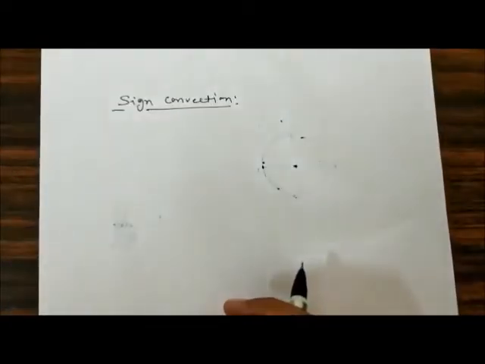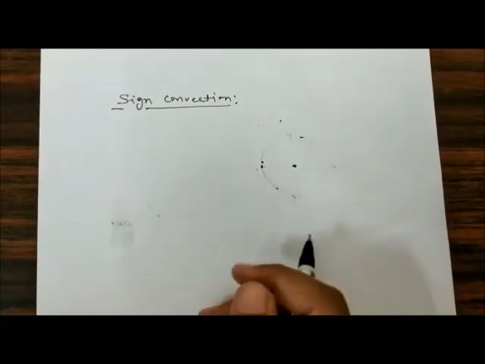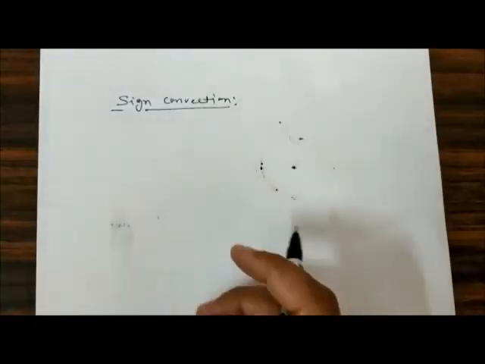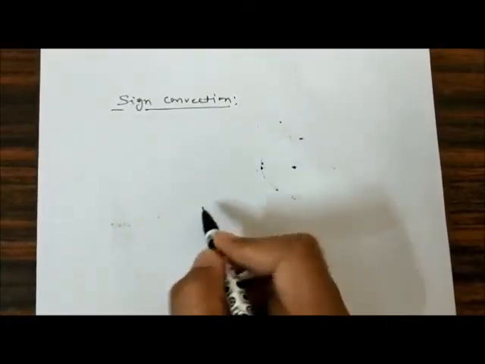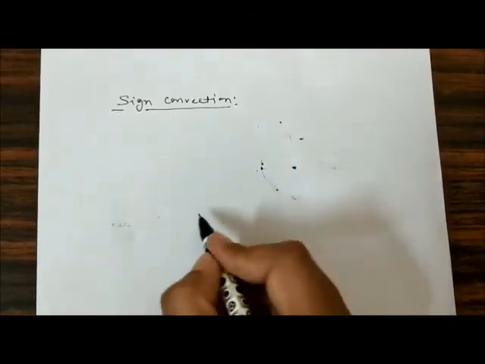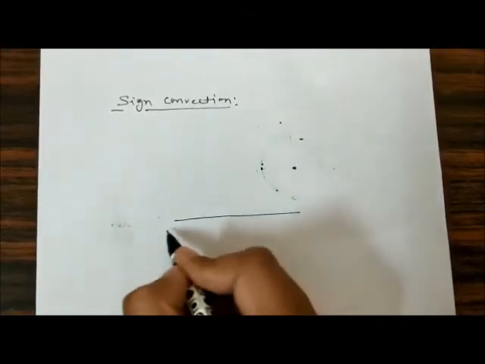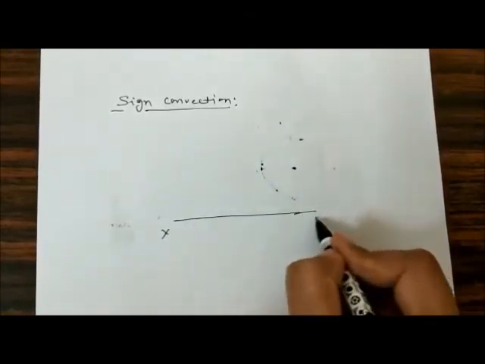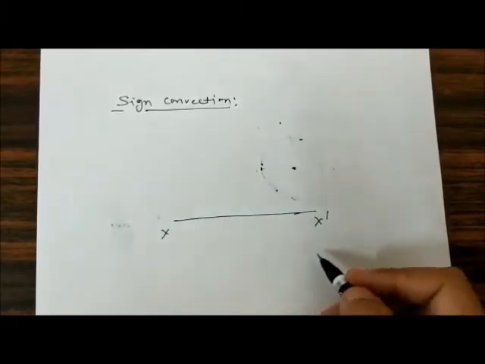While dealing with the reflection of light by spherical mirror, we shall follow a set of sign conventions called the New Cartesian sign convention. Let us take the principal axis as the x-axis.